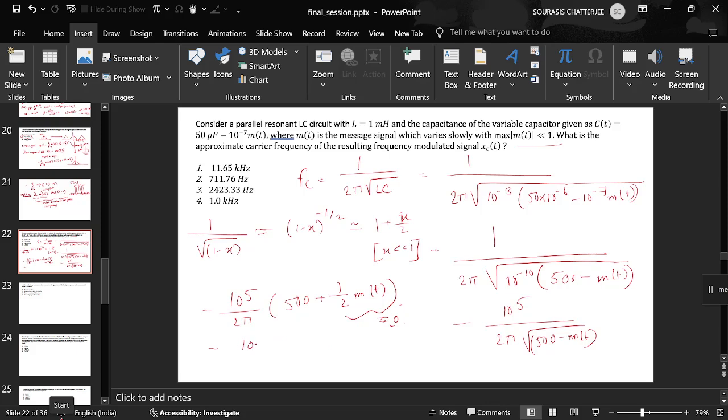It's 10 to the power 5 into 500 divided by 2 pi.